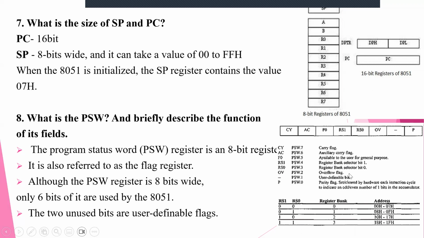Overflow means an 8-bit register can only store 8-bit data; if there is more than 8-bit, the overflow flag is said to be set. Parity flag 0 and 1. User definable bit. So these are some of the flags that will arise during your execution. To show that flag arising, PSW is used.